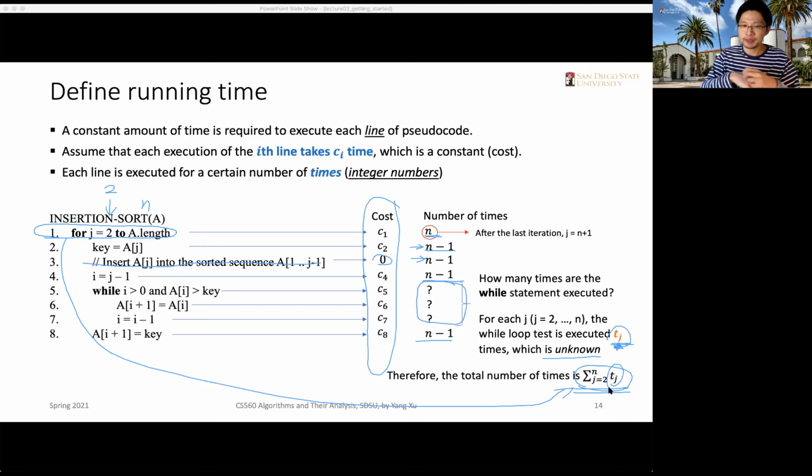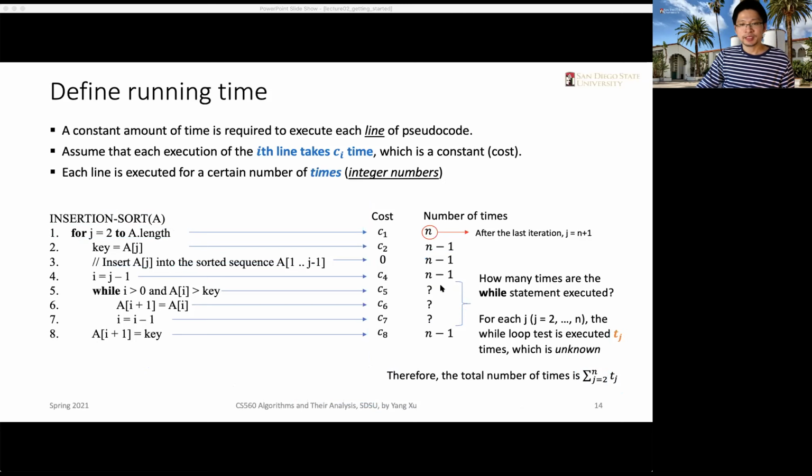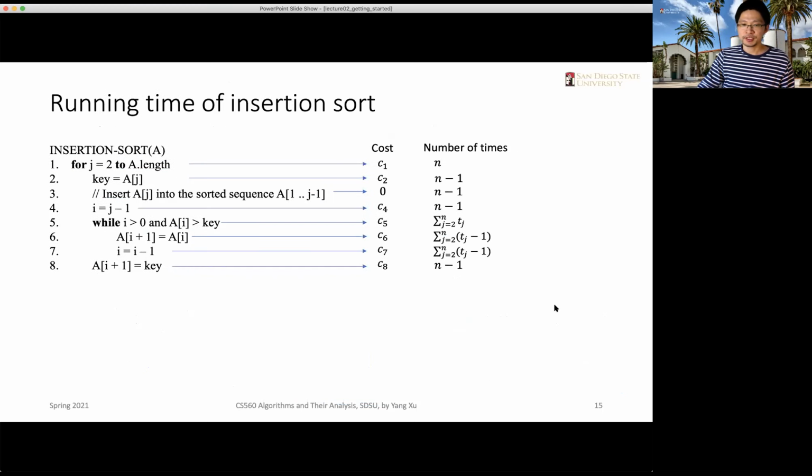So if we sum up t2, t3, to tn, all the t's, that will be the total number of execution times for the while loop. That makes sense, right?